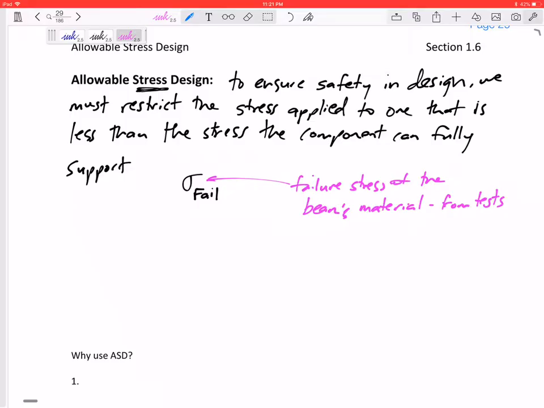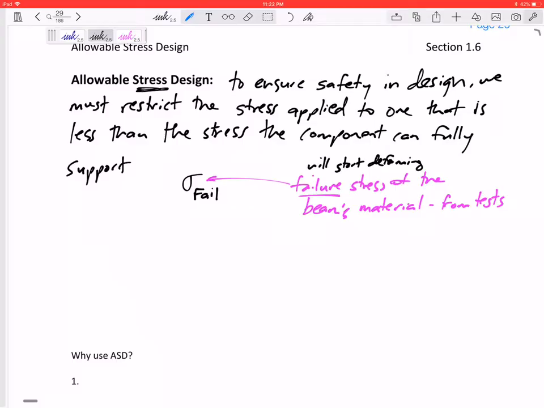This is the stress that it will fail, or let's say the stress that it will start deforming, because we don't want any deformation, or at least any permanent deformation.